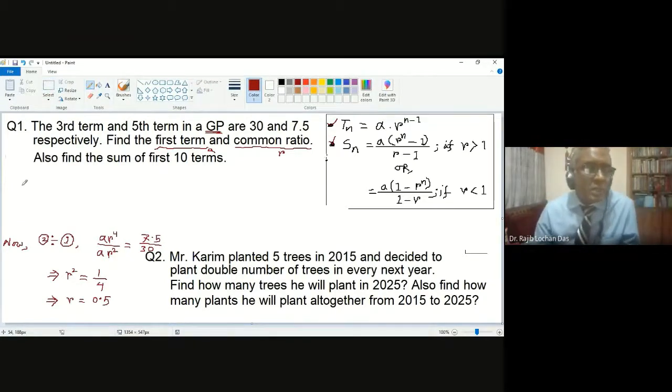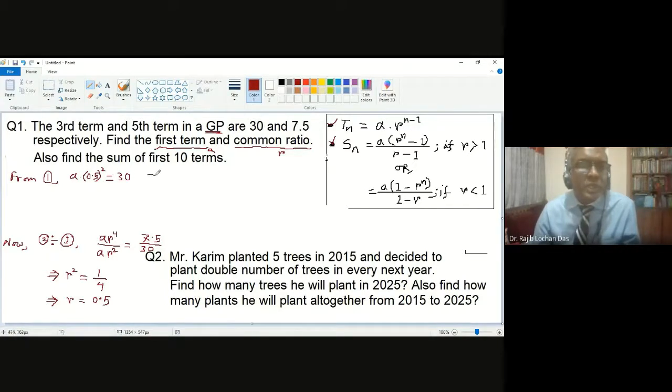Okay. So I am putting it in 1. So from 1, we will write A into 0.5 square, that is equal to 30. So A will come.